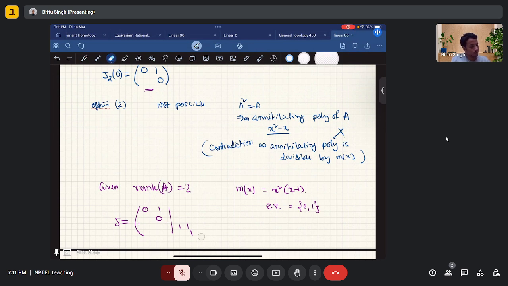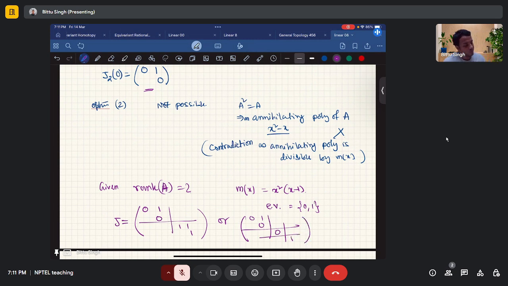for 0 there are two possibilities: this, or the block 0 1 0 0, and another possibility is 0 will again appear and 1 will again appear.